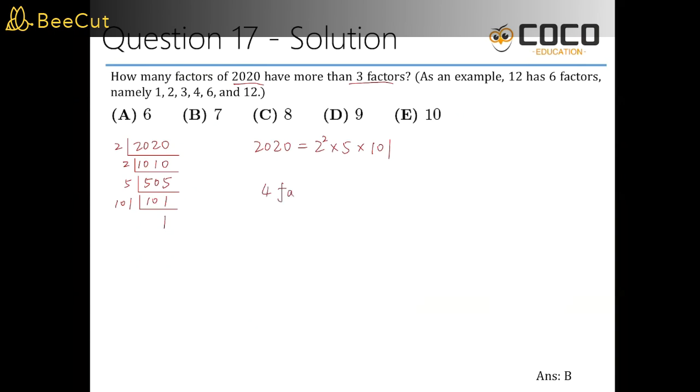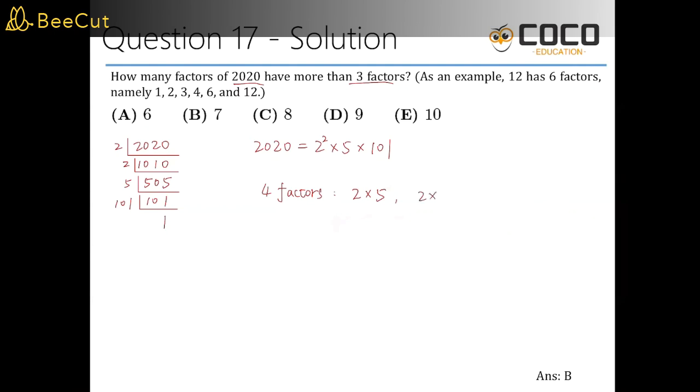First, we look at the numbers that have 4 factors. 2 times 5 is 2 to the power of 1, 5 to the power of 1. So the number of factors will be 1 plus 1 times 1 plus 1, which is 4 factors.